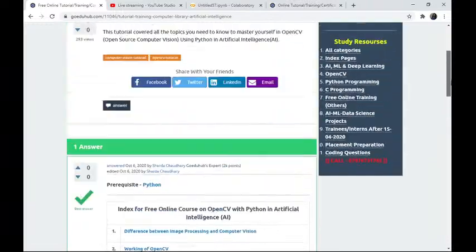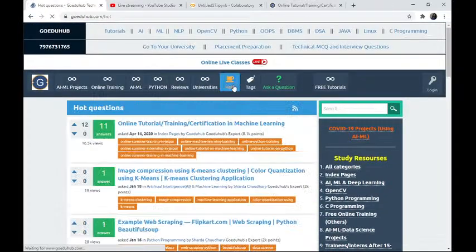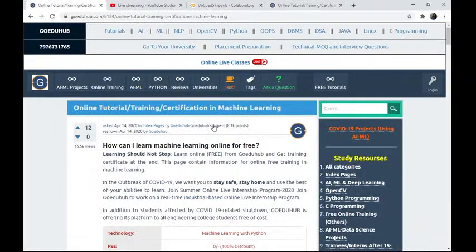For this course we have not included these things, but you can go for the summer trainings which we are going to hold in the future. Last summer we also did one training that included AI, ML, NLP, OpenCV and Python, all in one course.